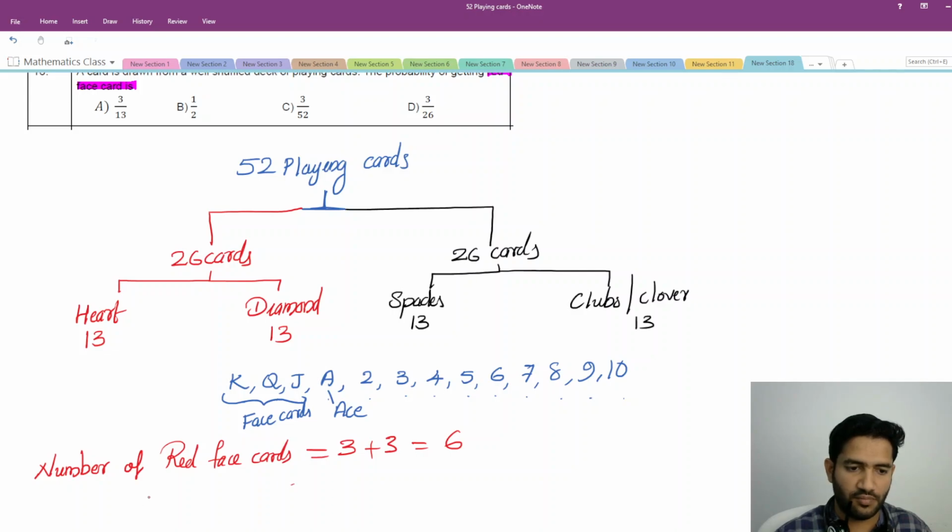Then how can we find the probability? This is an MCQ question, so no need to write the equation here.